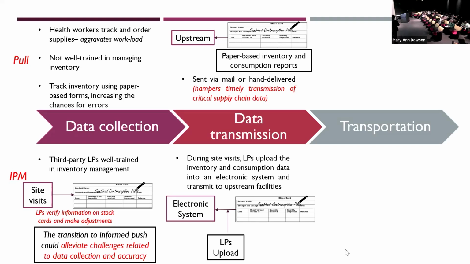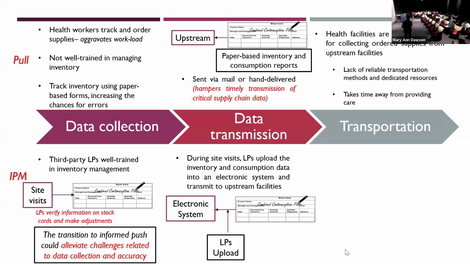Okay. And then the last piece is transportation. Under the pull model, health facilities are responsible for collecting the ordered supplies, which can be challenging because sometimes the roads get flooded and you're not able to go to the upstream facilities, right? Or you don't have a dedicated vehicle. You might have to take public transport to go and pick up the ordered supplies.